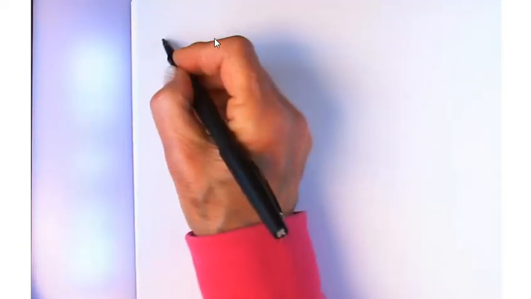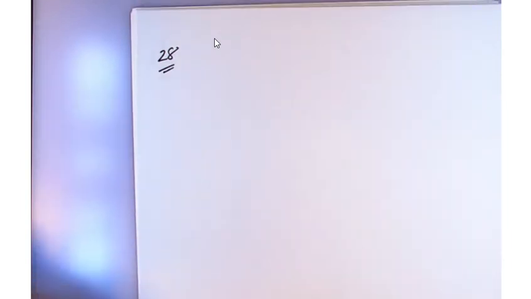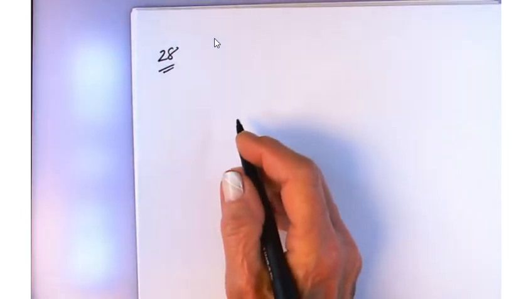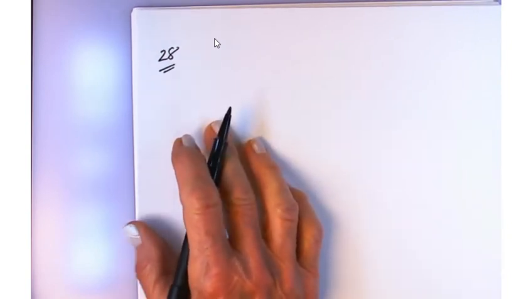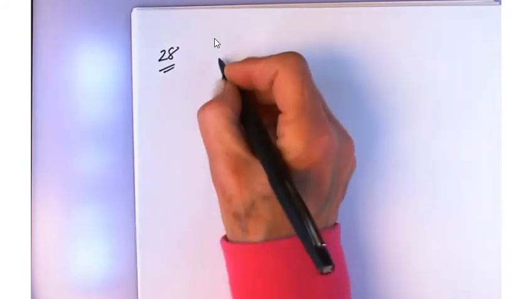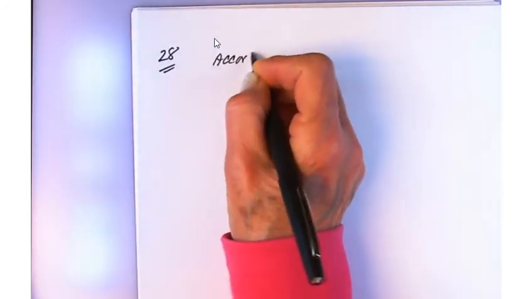So let's look now. We can do number 28. I wish I could ask you to do this problem and get some feedback, but I'm talking to an empty room here. On number 28, in the United States, Accord sales were 41,000 less than Camry.